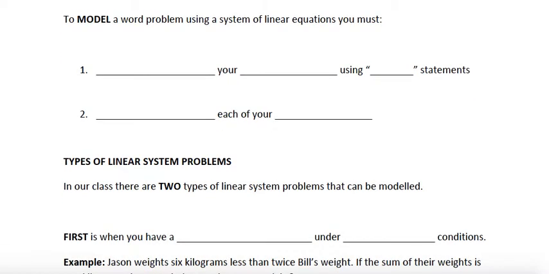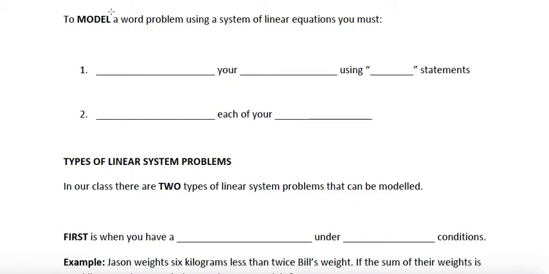So when we are modeling word problems, this is what we had done in those first two examples. So we're taking real life situations and we are using the concept of straight lines to interpret that information. That's what we call modeling word problems. And we do that when we're doing this using systems of linear equations.